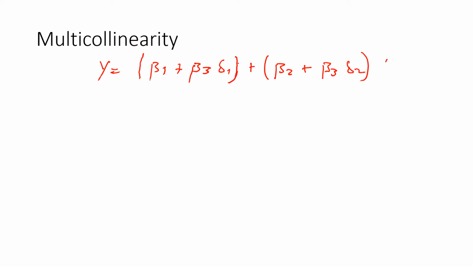Then rearranging, what we get is y is equal to beta 1 plus beta 3 sigma 1 plus beta 2 plus beta 3 sigma 2 x2 plus u.